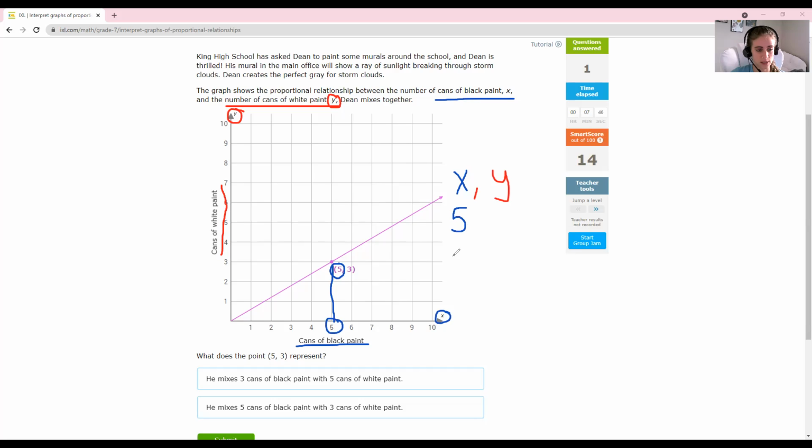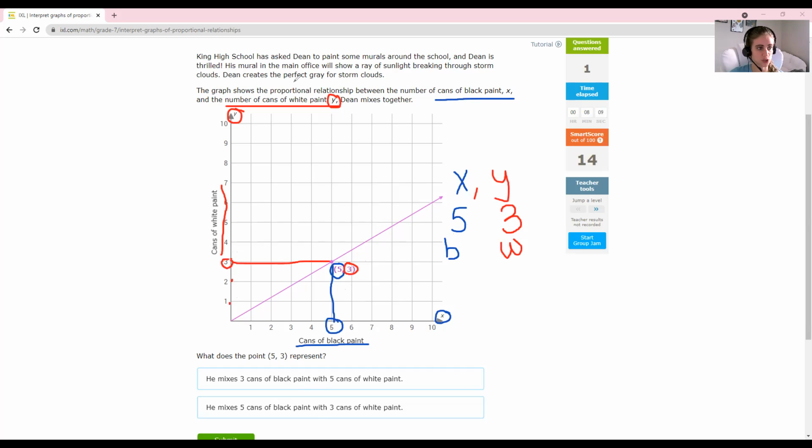So 5 cans of black paint. I'm just going to do B for black paint. Then our Y value is the 3. So notice we go up 1, 2, 3 spaces, and that leads us over there. So he needs then 3 cans of the white paint.